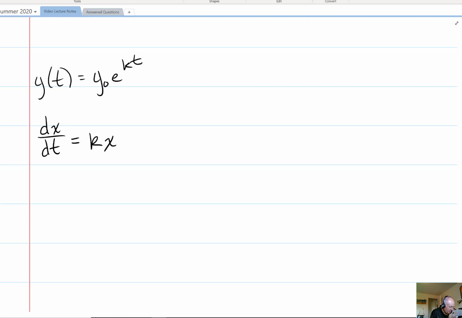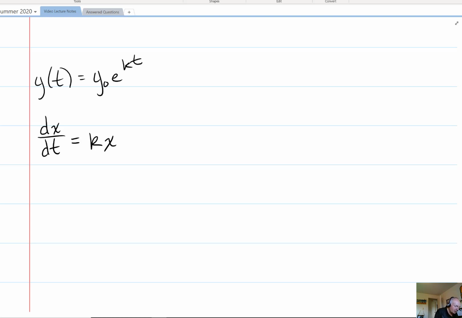This equation says the population growth is proportional to the population. So real simply, if we've got a larger population, then the growth rate will be bigger as well, and the same for smaller. But that's the differential equation.